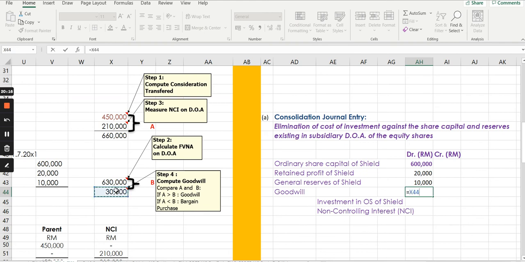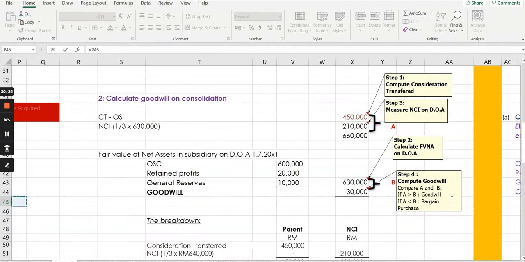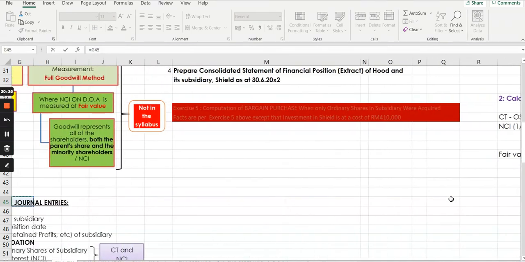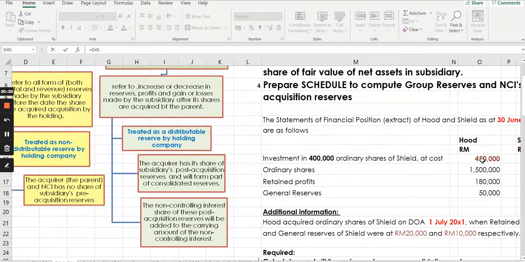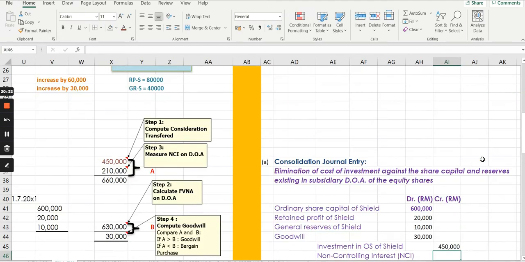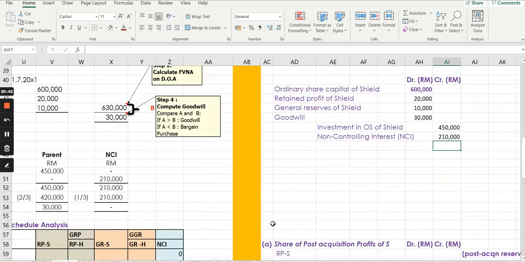So this is 30, right? And then you have the investment in the subsidiary or in shares. This is directly from the question, which is 450,000. So you just include that. And the non-controlling interest you just calculated, 210. So we are done with the first journal entry.